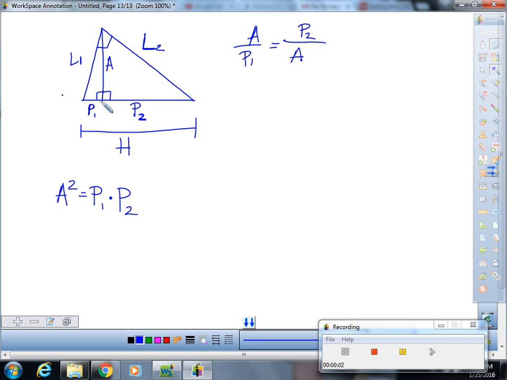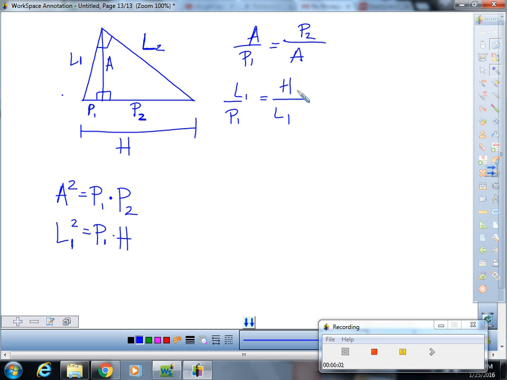The other two theorems would be this. L1 squared is equal to P1 times H. If you're wondering where that came from, L1 here, L1 here, P1 there, and H here.